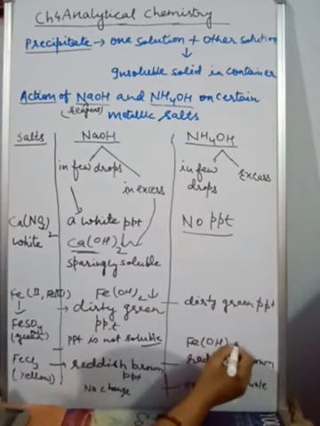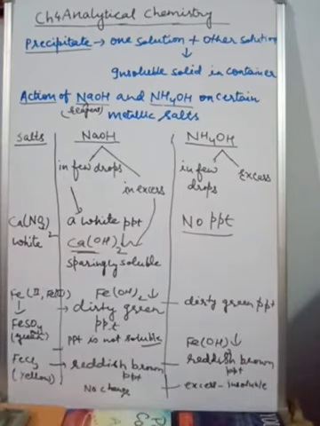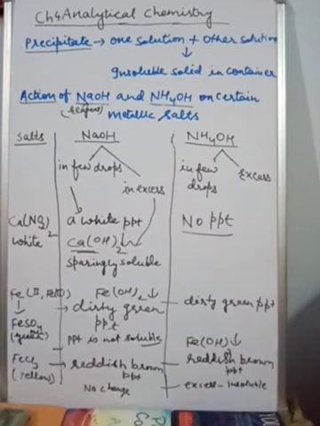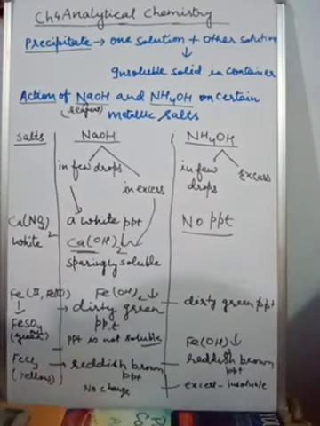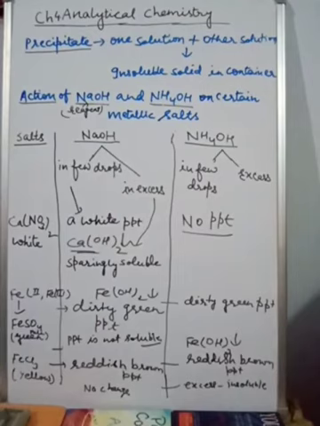Means in all these cases we get one component as metallic hydroxide, which first comes in the form of precipitate, and possibilities are there that some get dissolved in excess, some do not. So regarding these three we have discussed: calcium salt, ferrous salt, ferric salt. Reactions we will do in the next video.